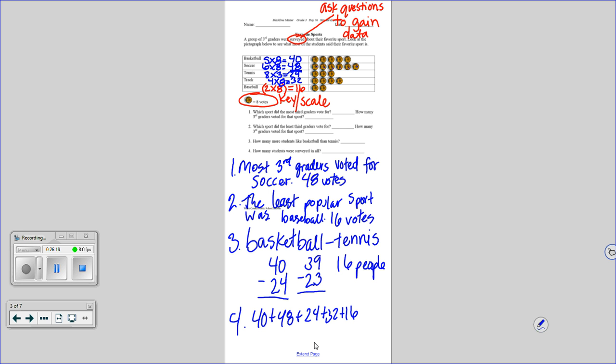Okay, so what she is doing is adding up all of our actual votes. Can I show you another way? Count those soccer balls. I want to know how many soccer balls are printed on that paper. 20. Count the number of soccer balls.